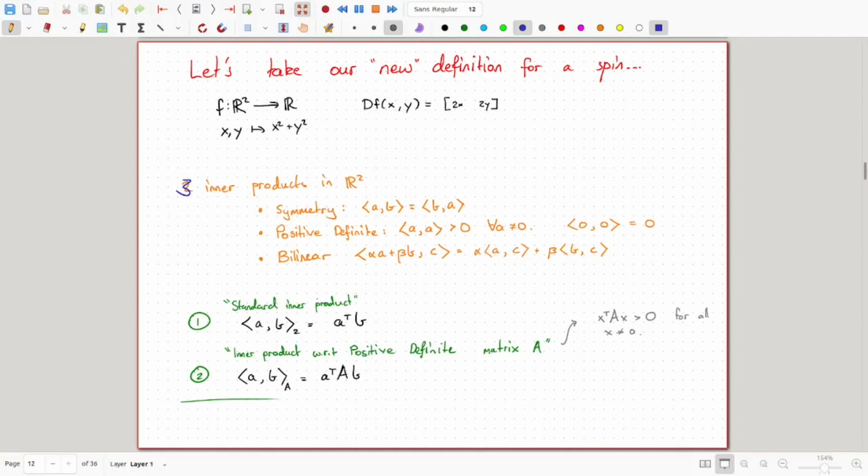This is just like the dot product, where we take A transpose and multiply that by the vector B. I claim that this second one is also an inner product, with respect to a positive definite matrix A. We can denote it something like this, and the way we evaluate this inner product is A transpose AB, where A is your matrix. And what we'll see is when we define our gradient in terms of these two inner products, we get different gradients. Well, our gradient vectors look different.